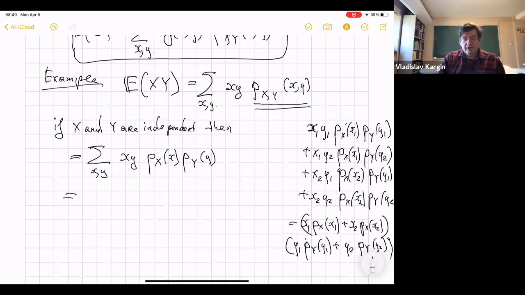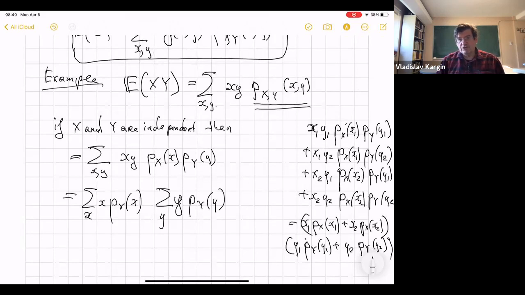And in general, you can write that this is equal to the sum over x of x p_X of x, multiplied by the sum over y of y p_Y of y. This is just a generalization of this identity. We recognize that this is the expectation of X multiplied by the expectation of Y, by definition of expectation.